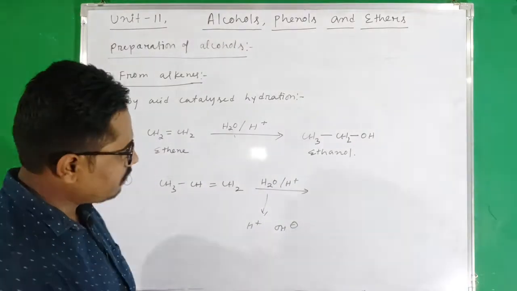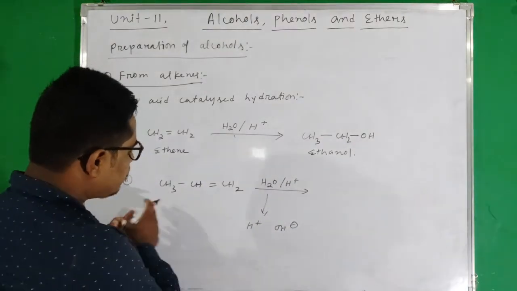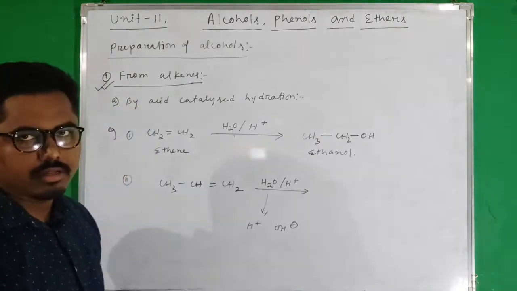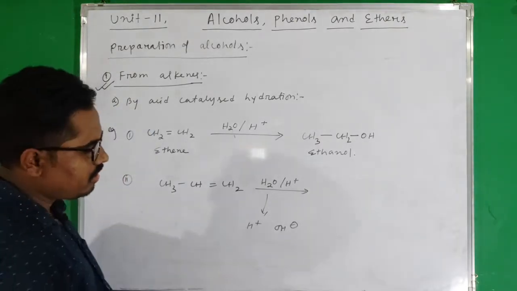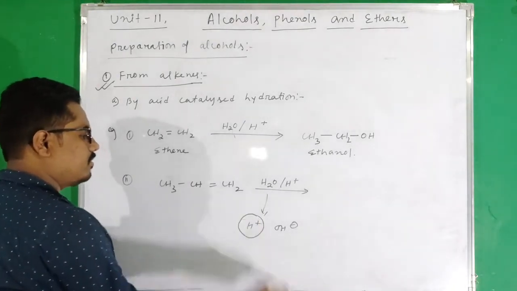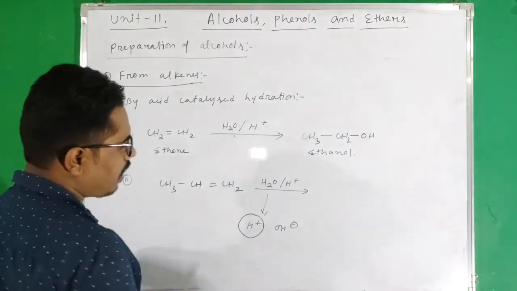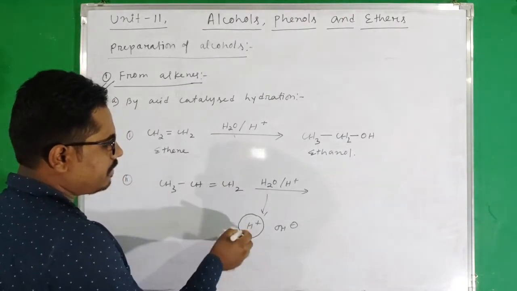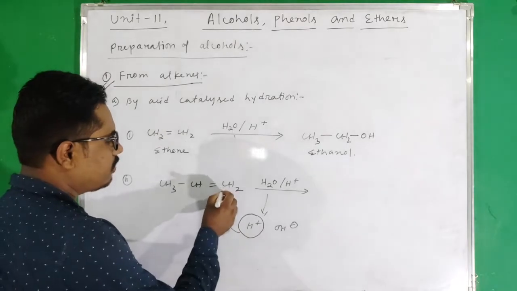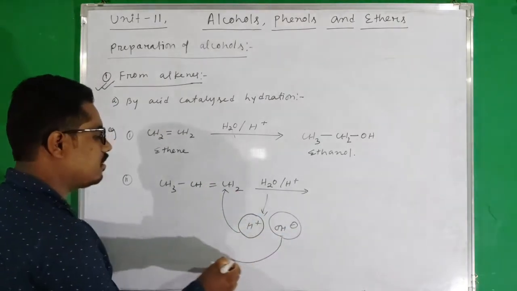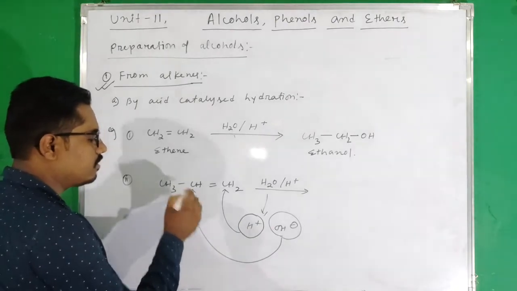Now you have to remember this alkene will follow Markovnikov's rule, and according to Markovnikov's rule, the positive part will attach to that carbon which has the higher number of hydrogen atoms. That means this H positive ion will come here, and OH negative will attach to this carbon.